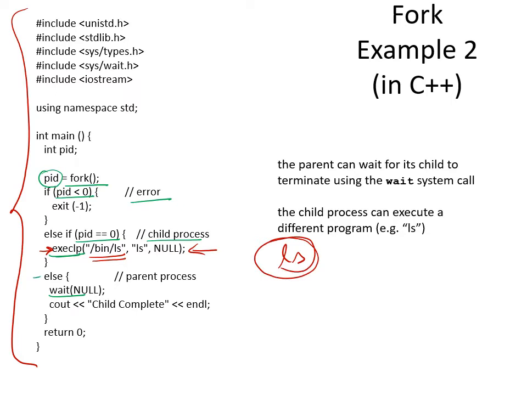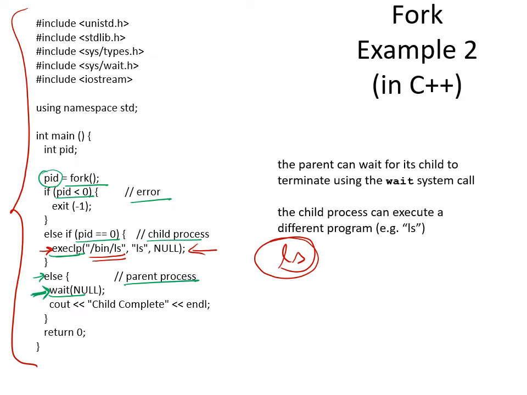Finally, this last else corresponds to a PID value that is greater than 0, a positive PID value. So that's basically the parent process. In this case, the parent process is invoking the wait system call with a null parameter. What that means is the parent process will wait for the termination of its child process before moving any further from this line of code.